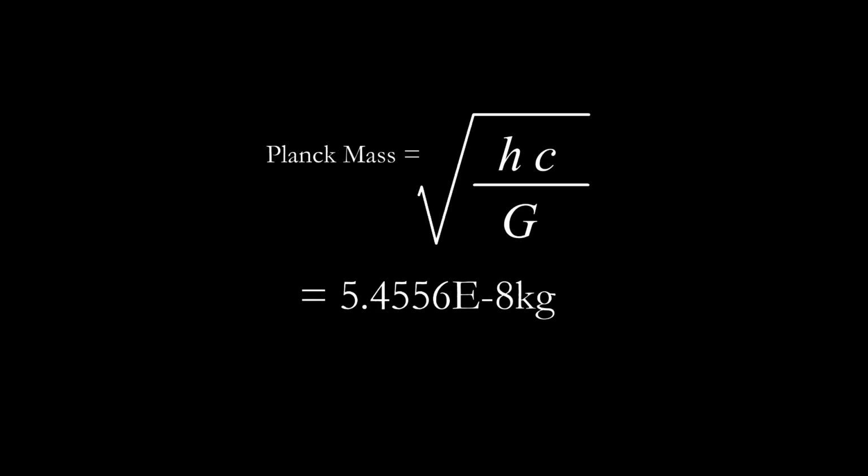When scaling the pyramid wavelength, you adjust the physical length, or the Planck length, to suit the wavelength inside the pyramid. This is possible only because the corresponding values, like Planck mass, don't change, thus always giving a reference point to the beginning. So this weight generated from the Planck mass is 5.4556 E minus 8 kilograms.